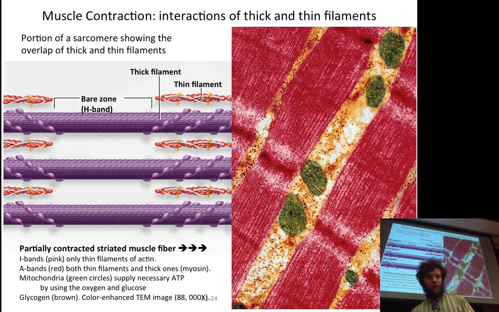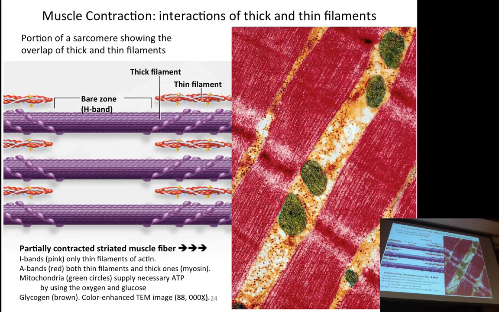All right. So a muscle contraction, as I've already mentioned, is an interaction of a thick and thin filament, in particular where these two filaments overlap. We see here a contracting muscle where the I band is in pink.